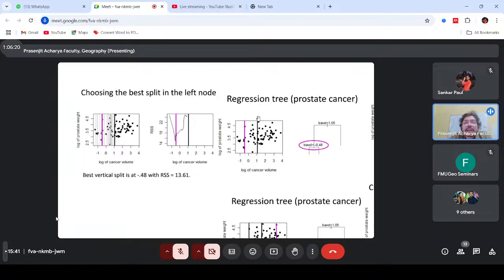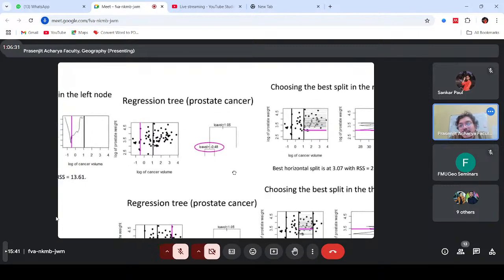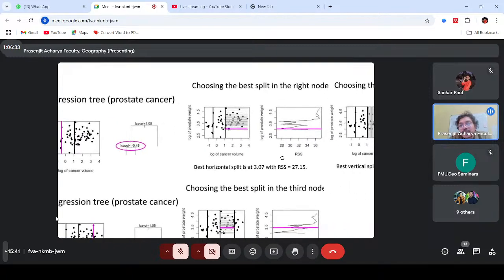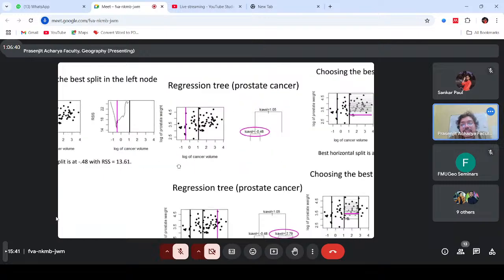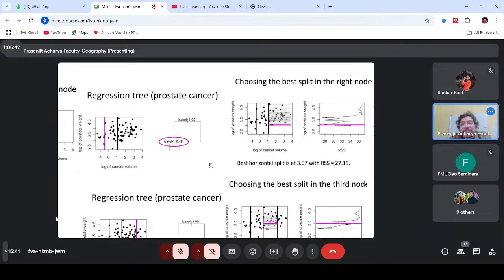So the input vector space has been split into two parts. The next splitting is this. Now check the RSS value, the residual sum square error. So if I pick that, we have the next optimum splitting at negative 0.048, which is this, right?